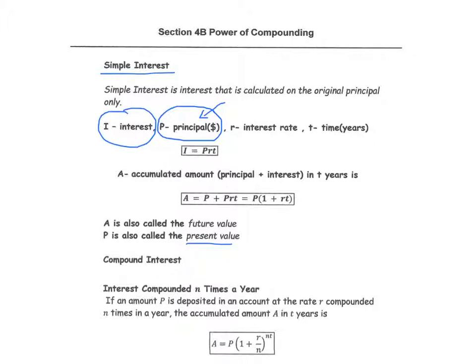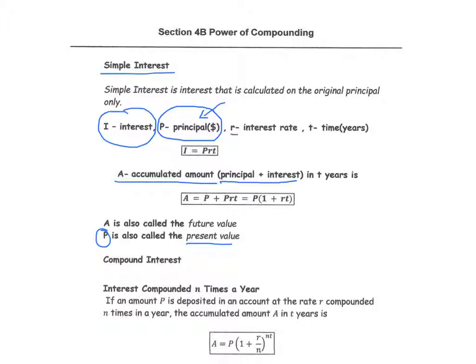So both start with the letter P. The present value: what is the value of the account now? In future, it's going to grow into a different amount because interest gets added on. So the future value, or the accumulated amount A, is the principal, which is the first amount that we put in, or the present value, plus the interest.